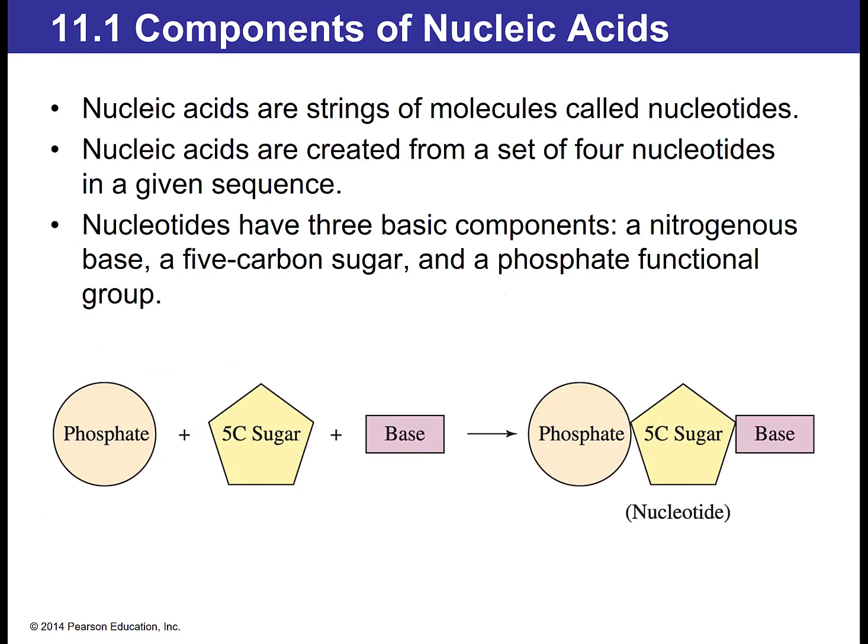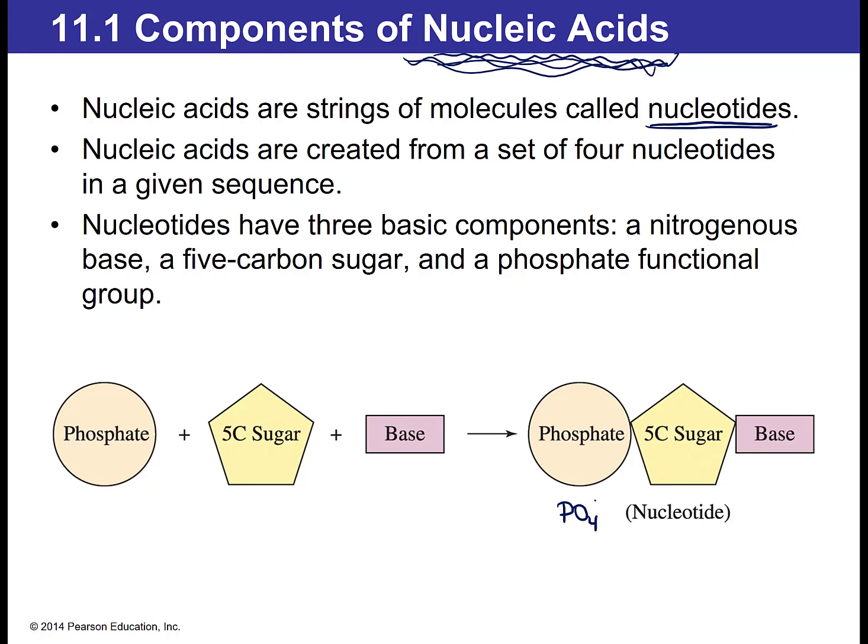Whether you're talking about DNA or RNA, as a generic group they're called nucleic acids. Just like proteins have building blocks, which are your amino acids, nucleic acids have building blocks called nucleotides. Nucleotides are made of a phosphate group.